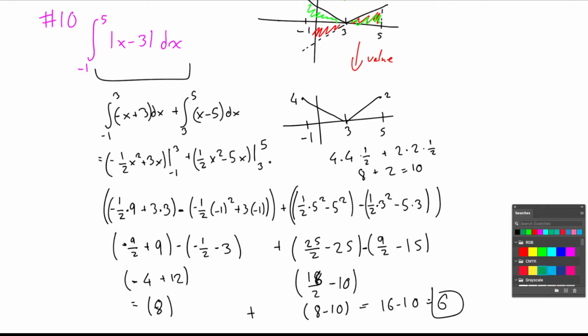1/2 x squared minus 5. I keep dropping things. 1/2 x squared minus 5x. That's correct.